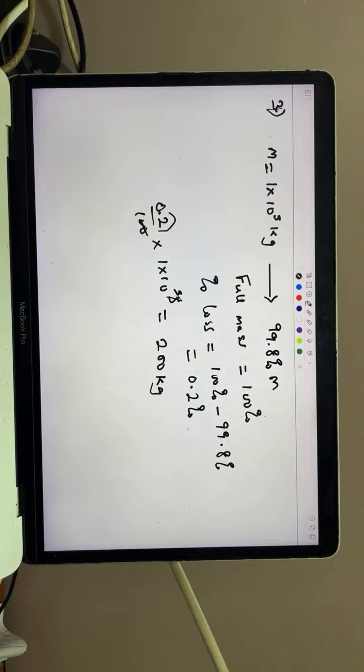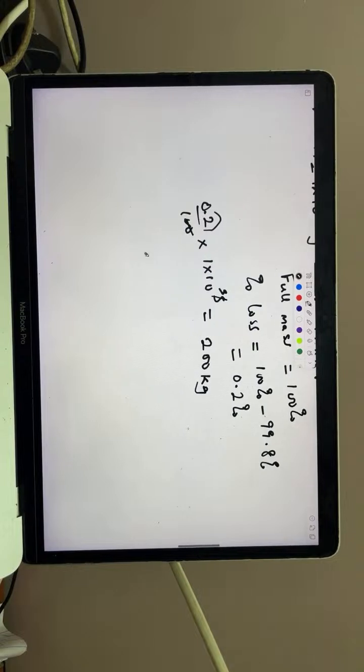Once you find that mass, what you will use here is what we call Einstein's energy equation. E equals mc squared. In this case, the mass that was lost is 200 times the speed of light c squared. C is the speed of light, which is 3 times 10 raised to power 8, squared.